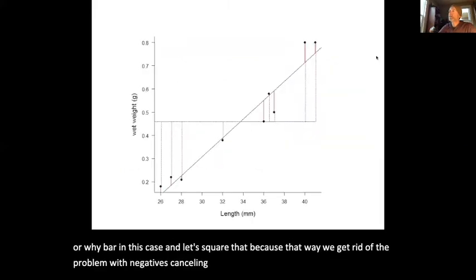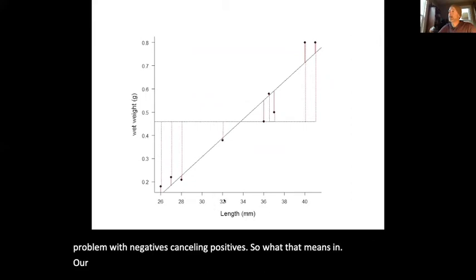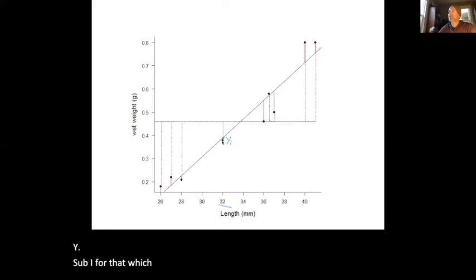What that means in our slide is that for each value of x, say x is 32, we're going to estimate the y sub i for that, which is different than the individual point.